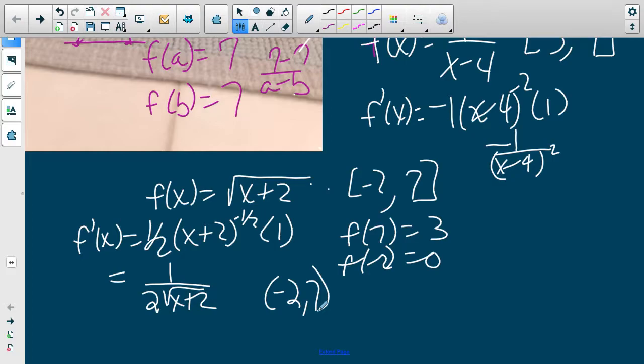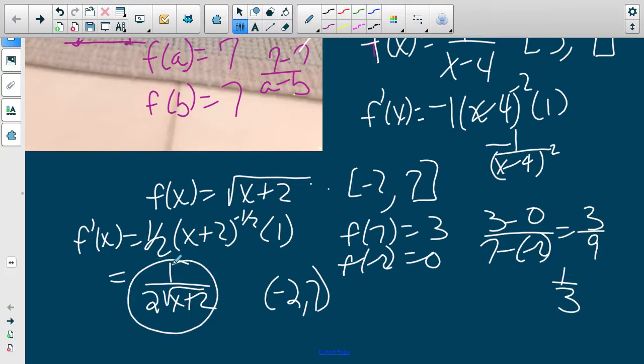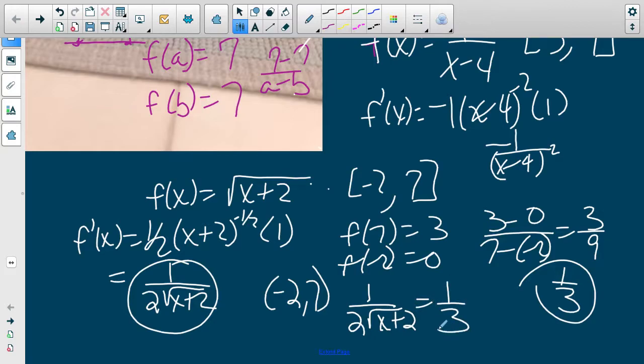So I'm gonna say 3 minus 0 over 7 minus -2. That gives me 3/9 or 1/3. So then I'll force my derivative to equal this. So I have 1/(2 square root of x plus 2) equals 1/3. I would say at some point you're setting your derivative equal to 1/3 so that we know that you've done the mean value theorem.